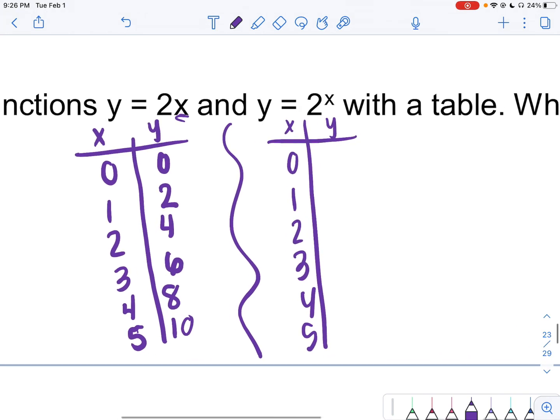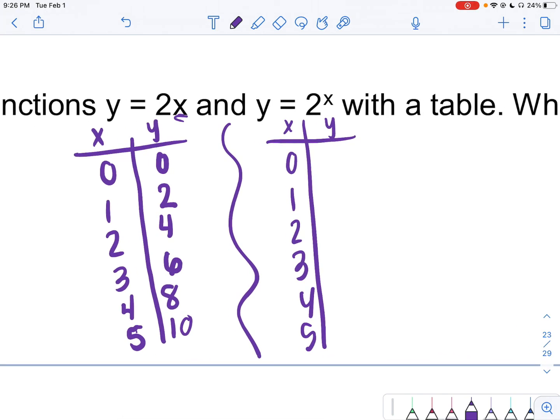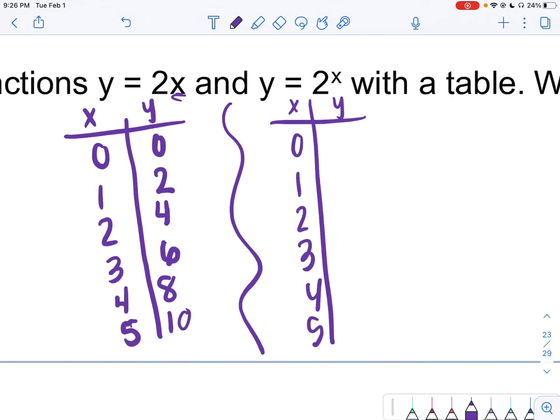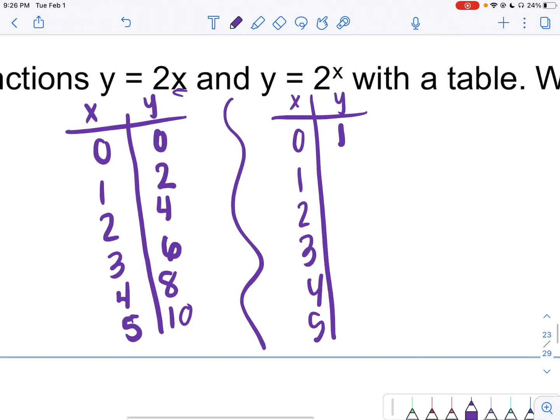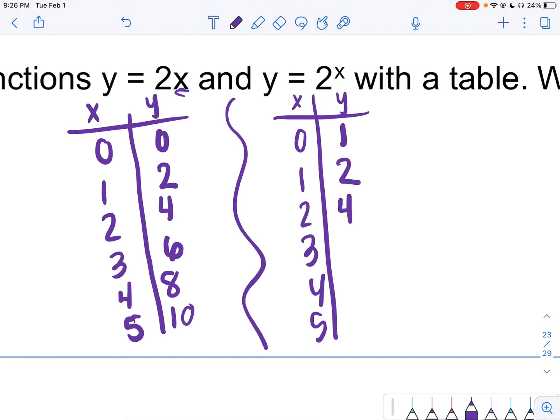And then over here, we would have 2 to the x, so raised to that power. Well, 2 to the 0 power is of course going to give us 1, right? Everything to the 0 power gives us 1. 2 to the first power gives us 2. 2 to the second power, 2 times 2 is 4. 2 to the third power, 2 times 2 times 2. And we're just going to keep multiplying by 2 each time.